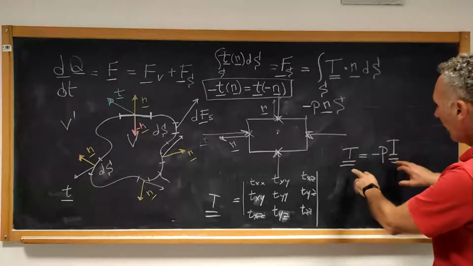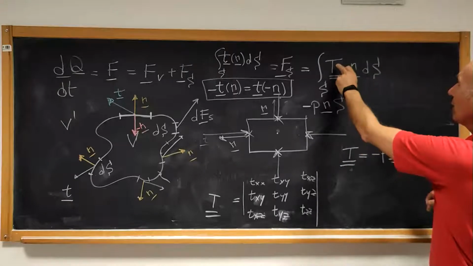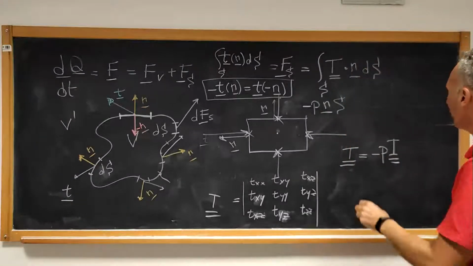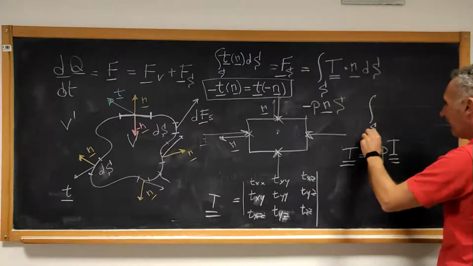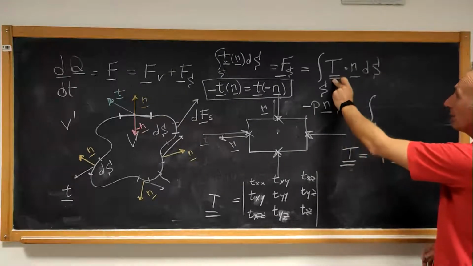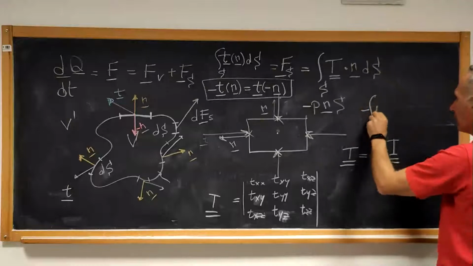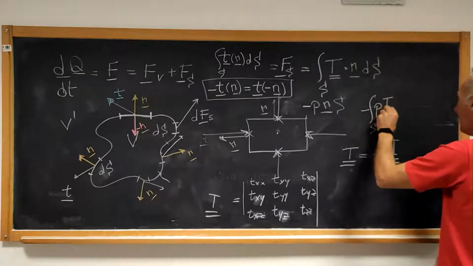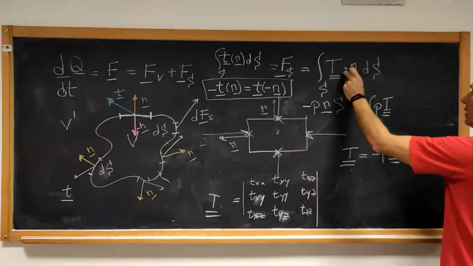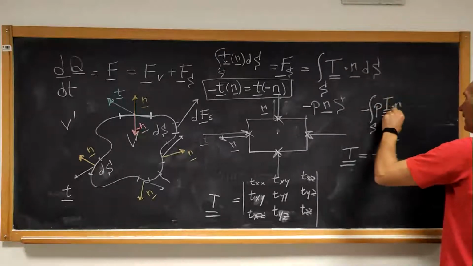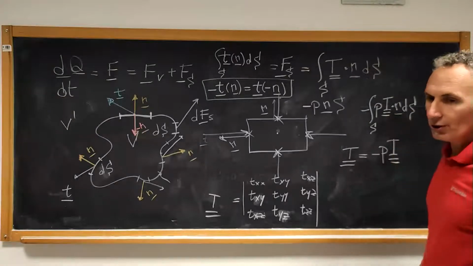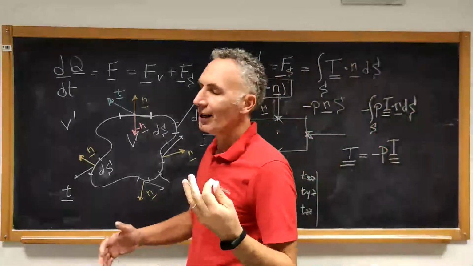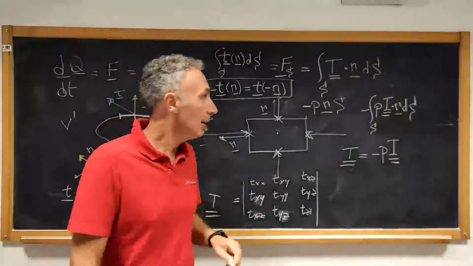Why is it like this? Well, if I just plug this definition into this integral, what I get is the integral over S, where in place of T I put minus P I, the identity tensor, dot n dS. But I dot n, by definition, the identity tensor maps any vector into itself.